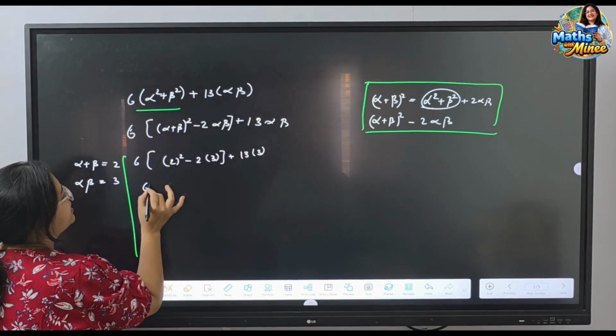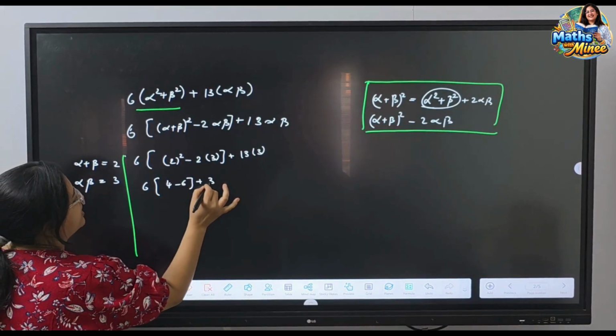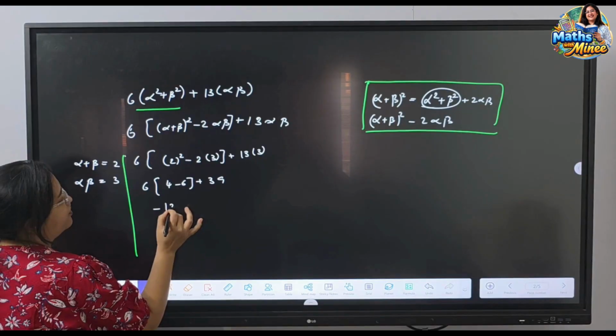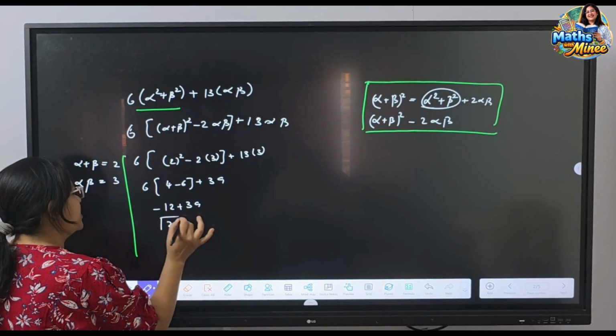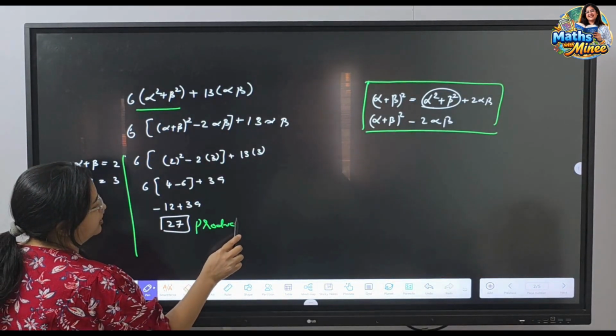That is 6 times 4 minus 6 plus 39, that is 6 times minus 2... that is minus 12 plus 39, which is equal to 27. So what we got over here is the product.